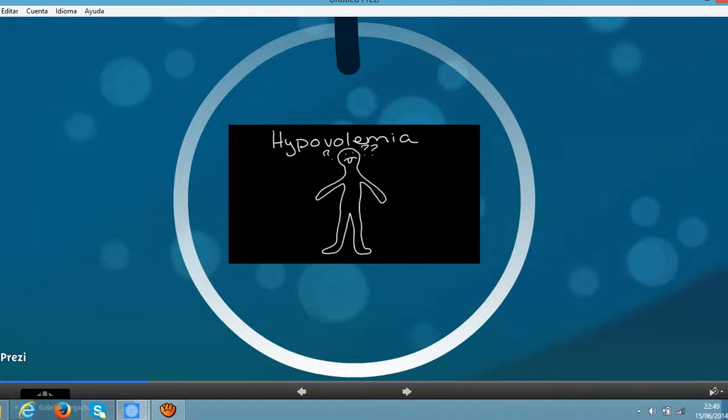And in terms of their heart assessment, there's a very rapid, thready pulse described as tachy, for tachycardia, and the blood pressure is low.